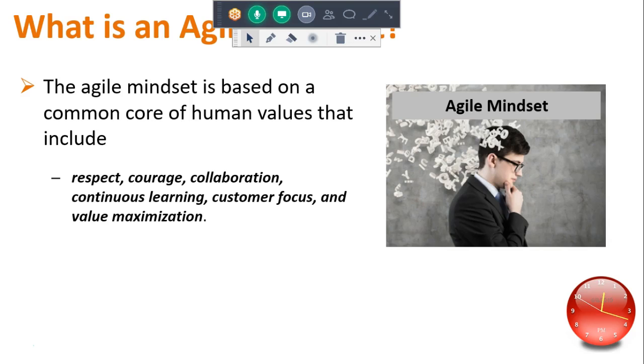You could probably make an argument that says we've been successful, so we should continue doing things the way we're doing them. And yes, that's a legitimate argument, but in the agile mindset, we have to be constantly looking at things and saying, are we going to continue to be successful if we continue to do things this way? Do we have the possibility of being better if we do something different?